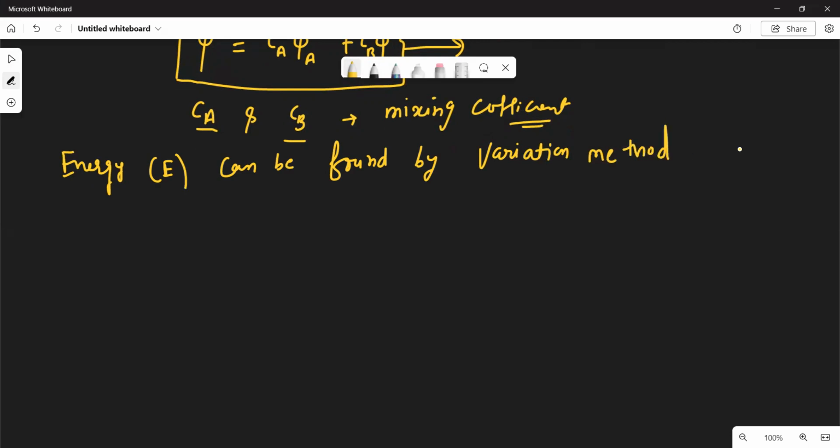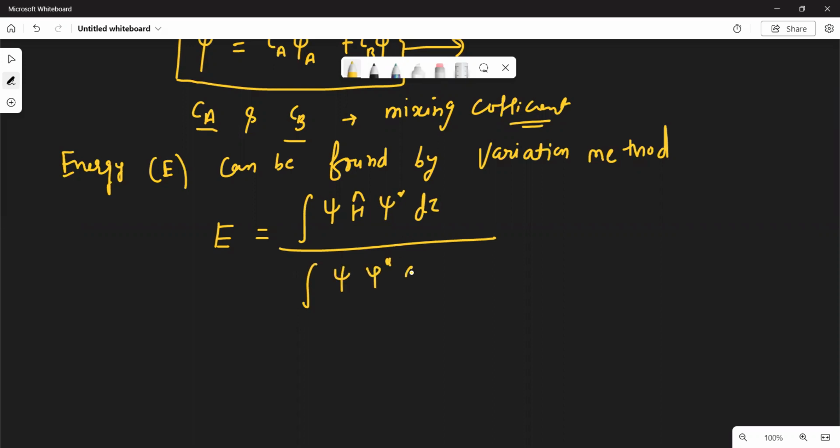We know the formula of the variation method. It is equal to the integral of psi H psi star d tau, where H is the Hamiltonian, which is the energy operator, divided by the integral of psi star psi d tau.